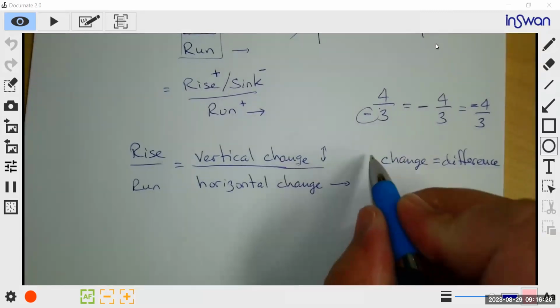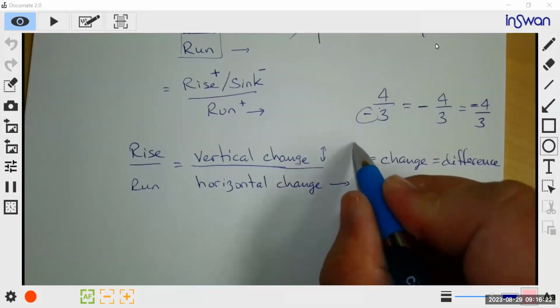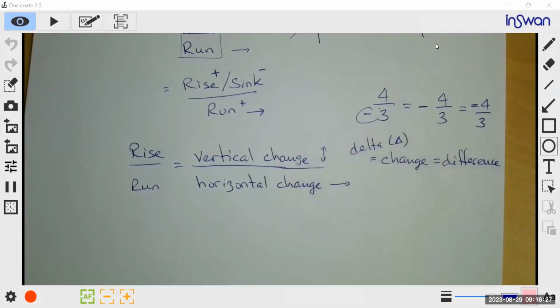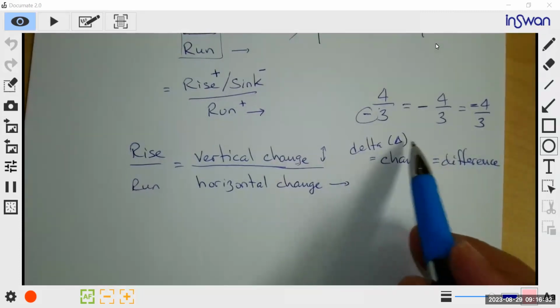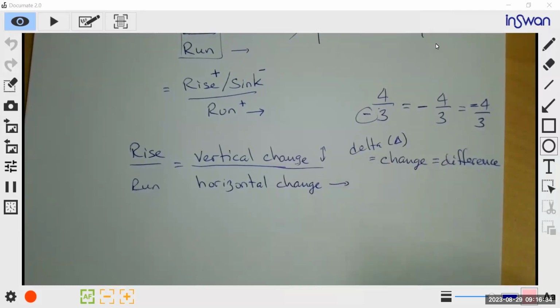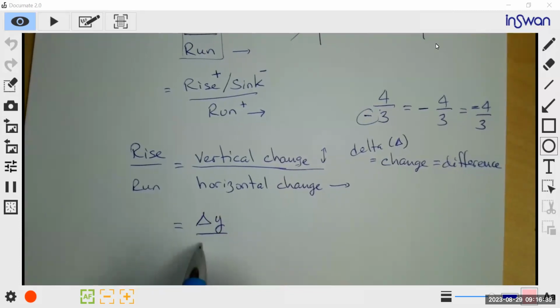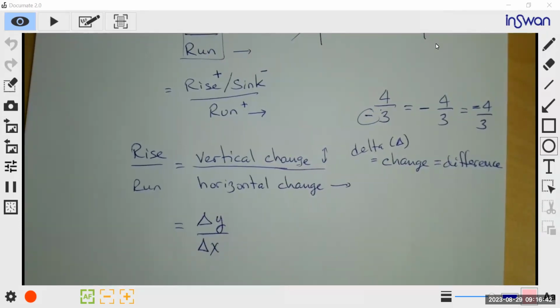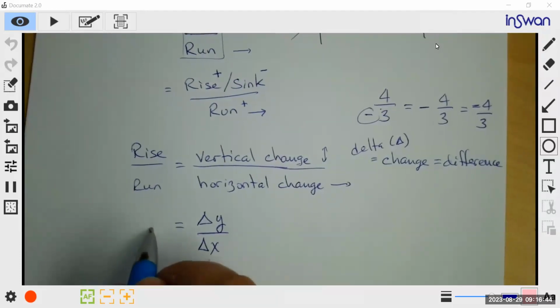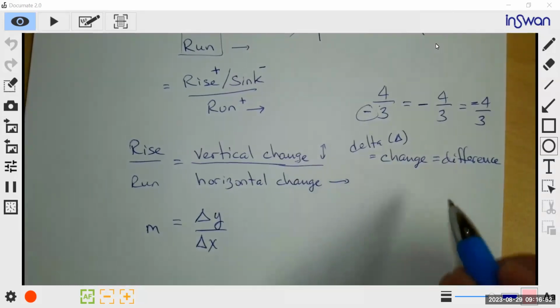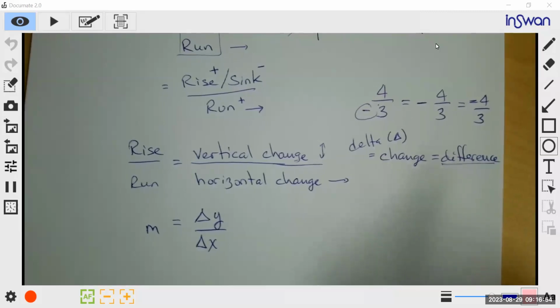In mathematics, we call that delta, and it's represented by the triangle symbol. So whenever you see a triangle in any textbook, that means the change. So what we would do is the vertical change over the horizontal change. That's more mathematical looking. So the difference.